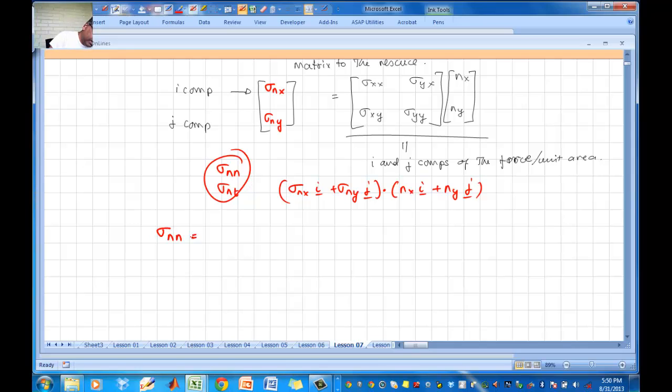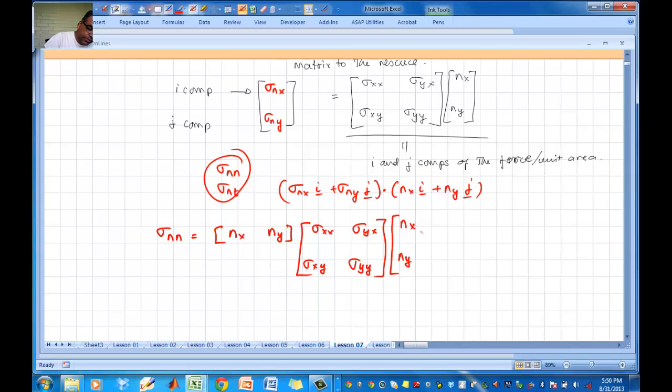Sigma nn equals, this is the most important thing, nx ny, sigma xx, sigma xy, sigma yx, sigma yy, nx ny. Nice matrix multiplication.